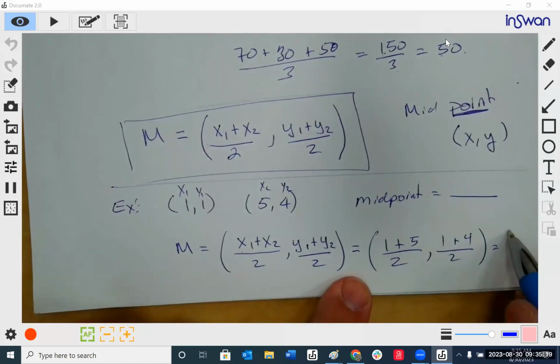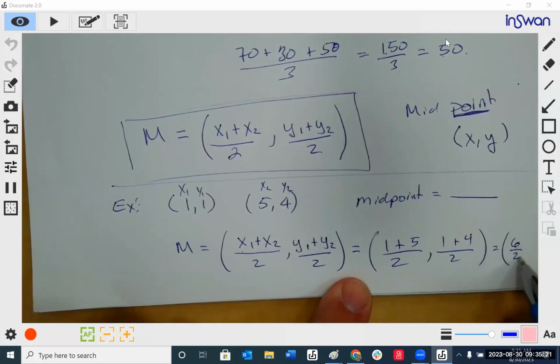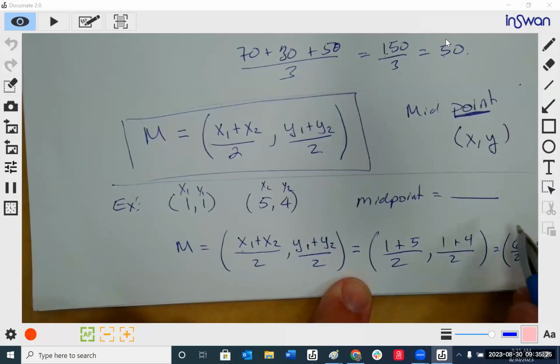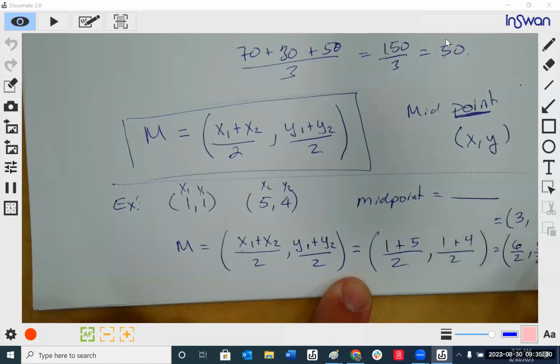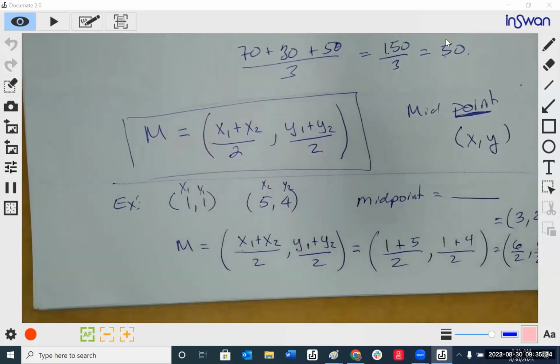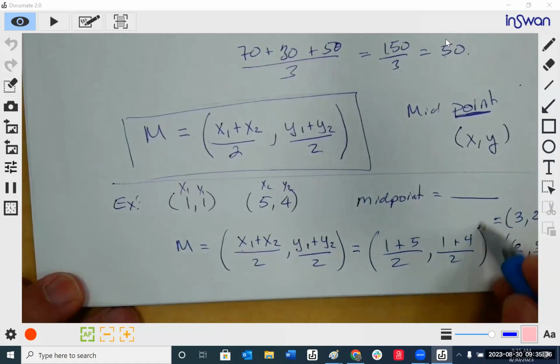So 5 plus 1 is 6, 4 plus 1 is 5. 6 divided by 2 is 3, and half of 5 is 2.5. In this case, it's always gonna be a 0.5. So there's your midpoint.